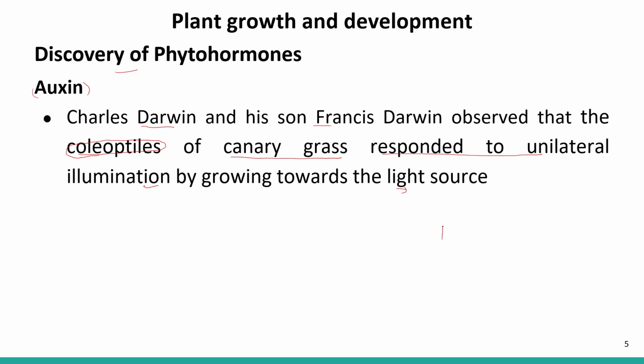So this is the coleoptile, or you can say the shoot tip of canary grass. They were working on canary grass. If it was illuminated with light, what happened? There was a bending, a unilateral movement towards the light source.